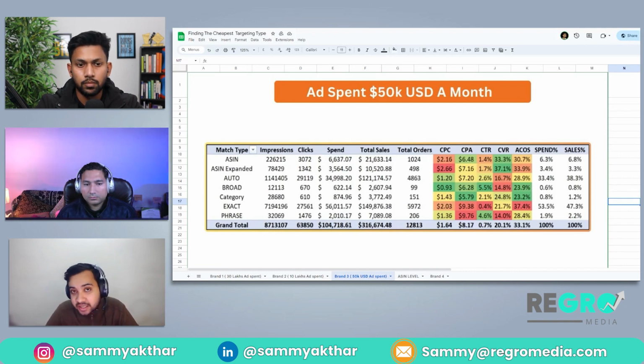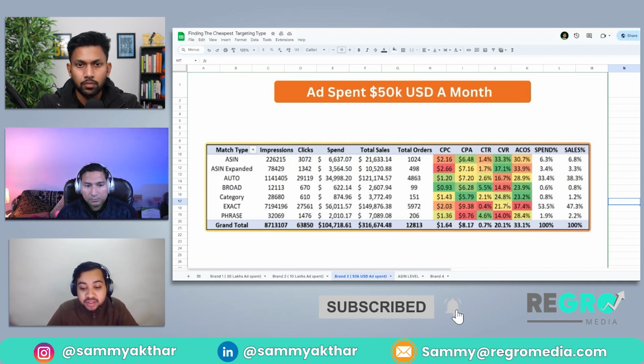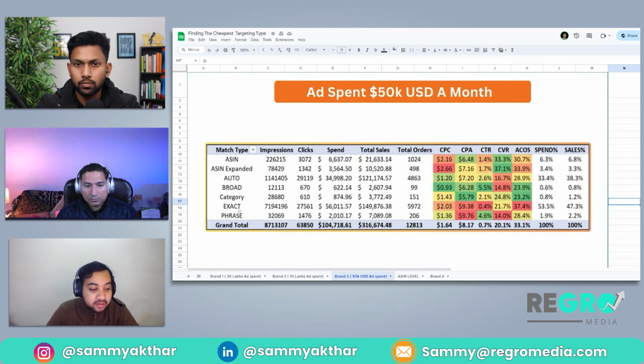When I say sales channels, I mean they should get some rankings, maybe in the top 50 if not in the top 10, on various keywords, not just these limited keywords that they're targeting in exact match, right? So they need to focus on the broad match, because they are getting a good ACOS, a good conversion rate, a good click through rate. But the sale share and the spend share is not up to that mark.